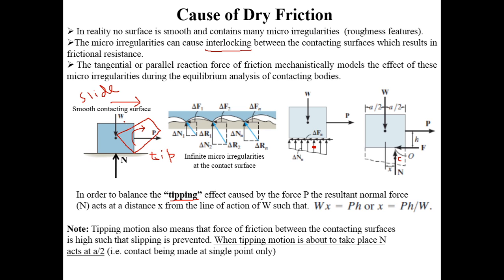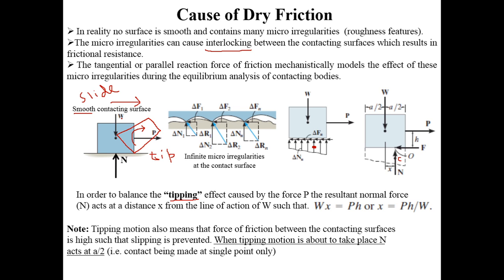As you can see in this diagram, there is no dimension assigned to this box, and therefore I have simply put a normal reaction N here, and that is passing from the center of gravity of this object, because this case is smooth, so there is no friction force acting, there is no distribution of parallel forces like delta n, and so you can apply just one normal reaction in the upward direction.